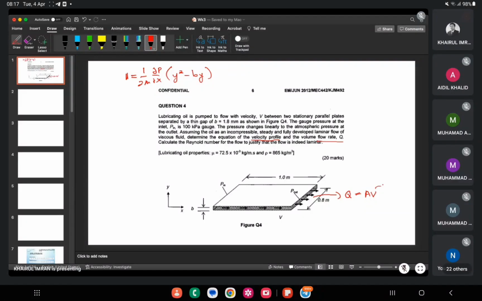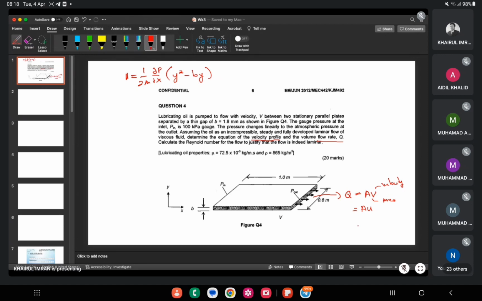is velocity, A is the area, right? So for our case, we have AU, okay, because we are looking at the component of velocity in the U direction. Okay.